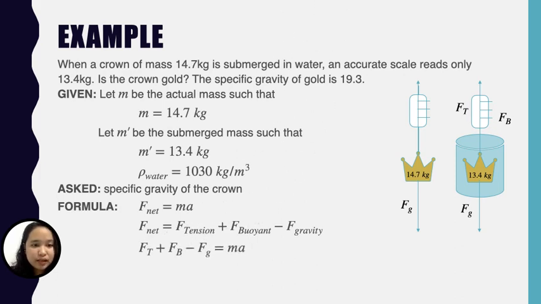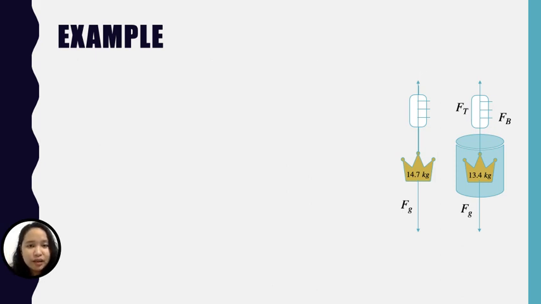So it will become Ft plus Fb minus Fg is equal to Ma. But since there is no acceleration here, we can just equate it to 0. So the formula is Ft plus Fb minus Fg equals 0. Why 0? It's because there is no acceleration. Okay, they are stationary. Okay, so next.